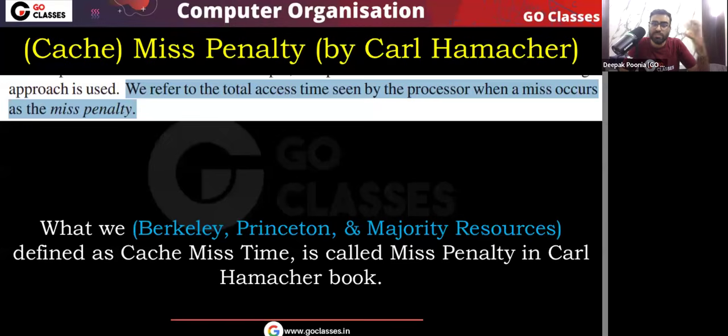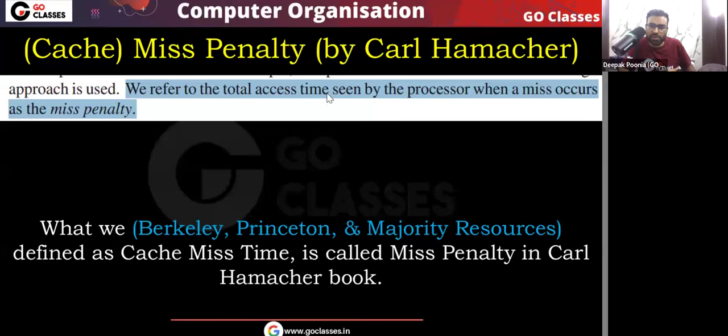Other authors call it miss time. They don't call it miss penalty, they call it miss time. We have already seen in the previous lecture that the majority of authors call the total access time seen by the processor when the requested data is not in the cache memory miss time.